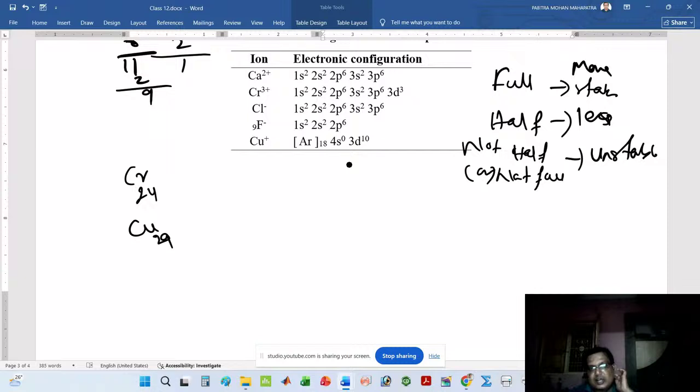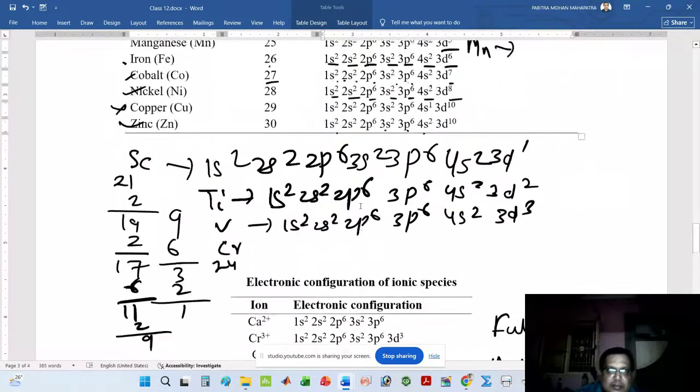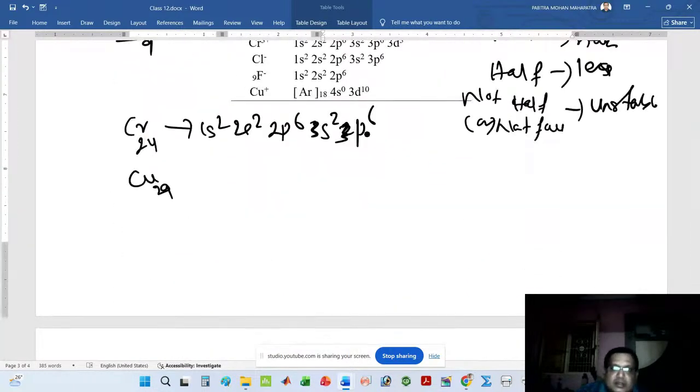Suppose I want to draw the electron configuration of chromium. What is the electronic configuration? 1s2, 2s2, 2p6, 3s2, 3p6. Next, after 3p6, you will come to 4s2, and then 3d4.